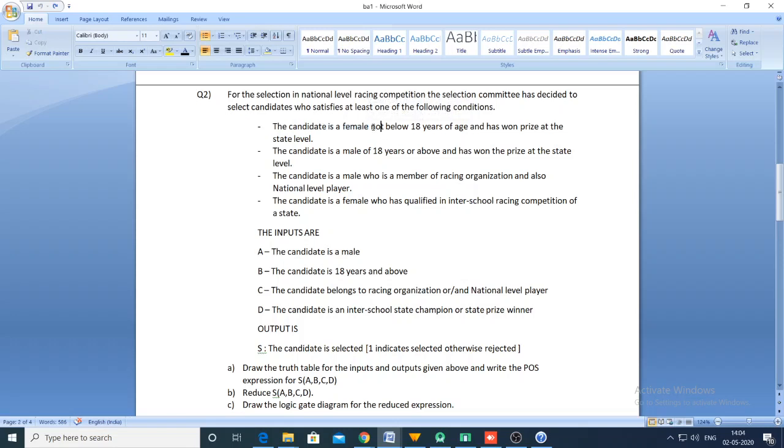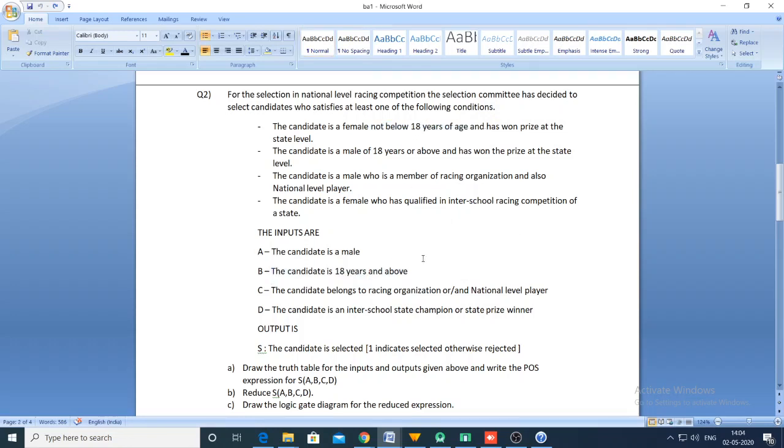And next one, the candidate is 18 years and above, but here it says not below 18 years of age, so we have to take 18 years of age.